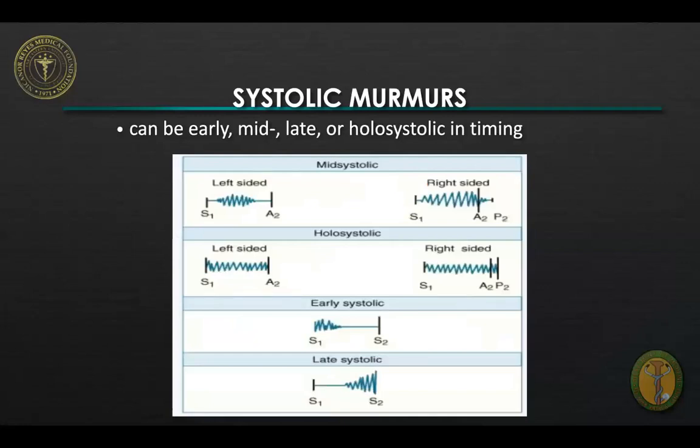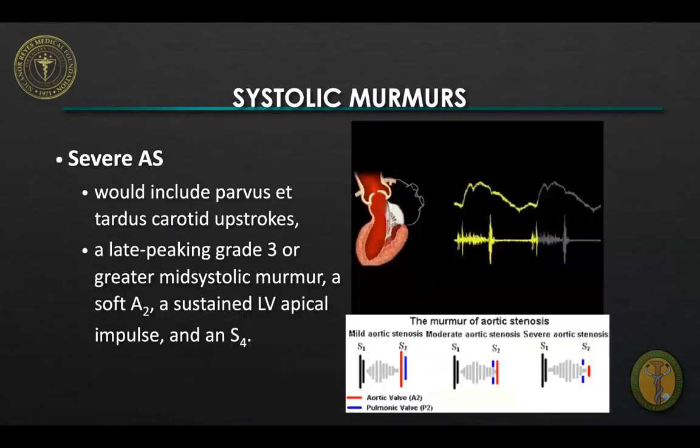Systolic murmurs can be early, mid, late, or holosystolic in timing. An example of systolic murmur is severe aortic stenosis.